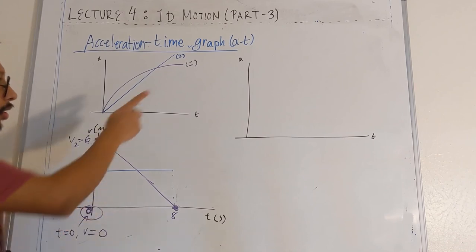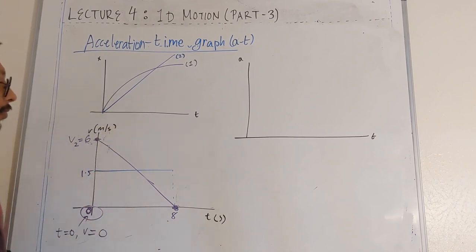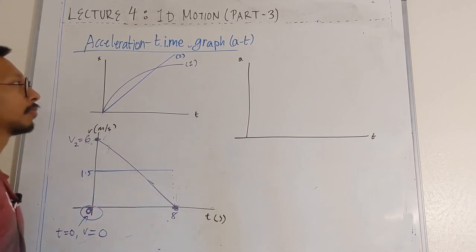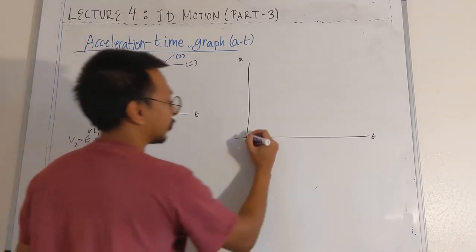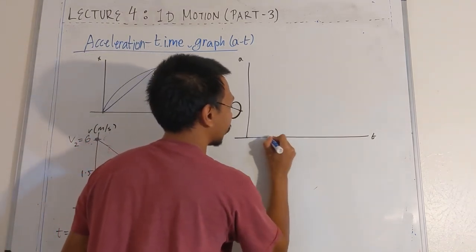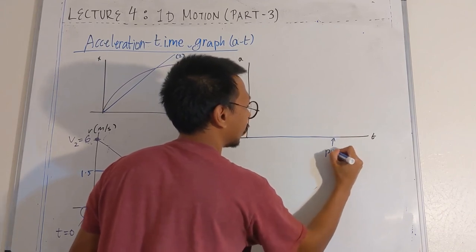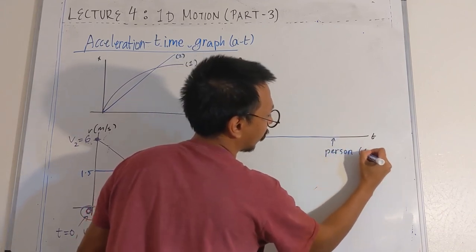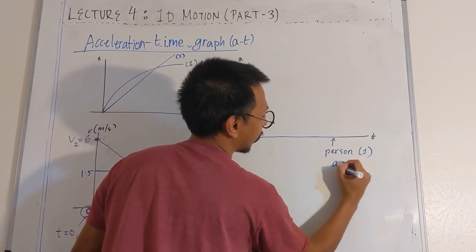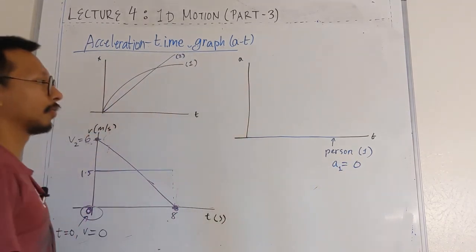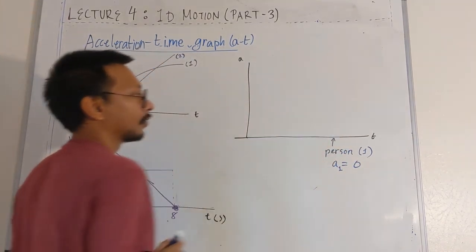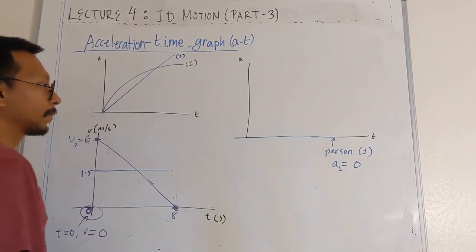So we can see that we have two people. So person 1 has zero slope. Zero slope means zero acceleration. So this is actually person 1 for whom acceleration is 0. So it's just along the time axis. Okay.